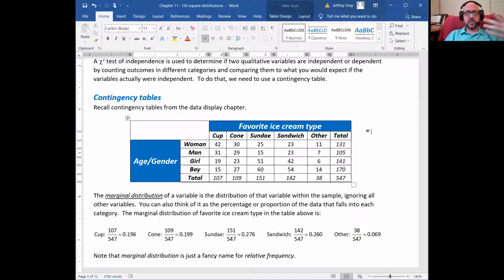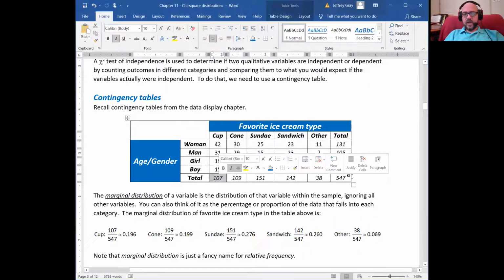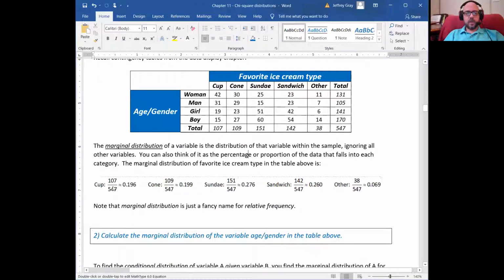That's all marginal distribution is: the relative frequency in each category. So the marginal distribution of favorite ice cream type is 107 out of 547 for cup, and 109 out of 547 for cone, and 151 out of 547 for sundae, right? So you can see that right here. This right here is a marginal distribution of favorite ice cream type.